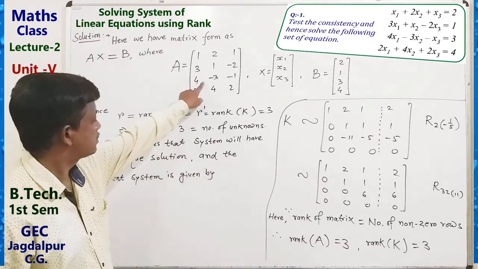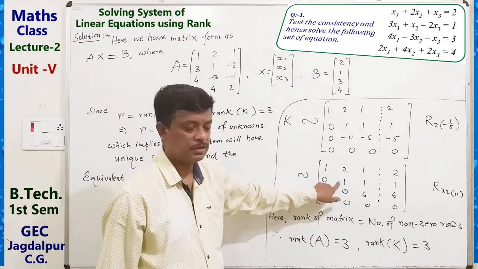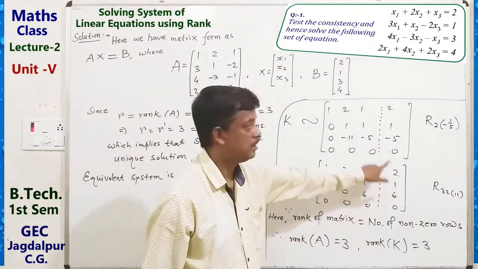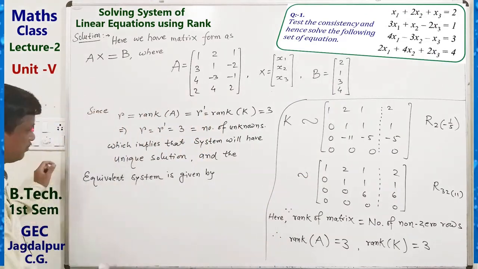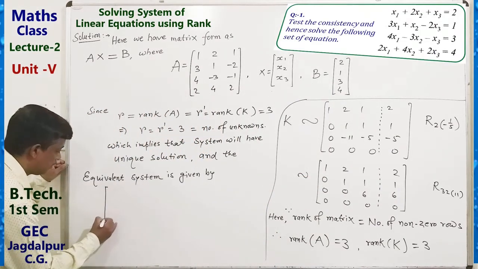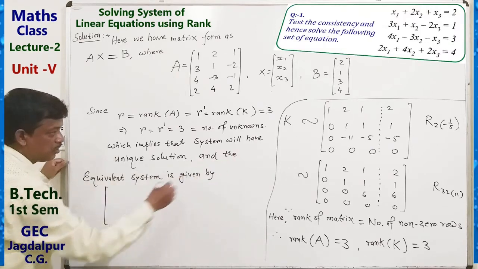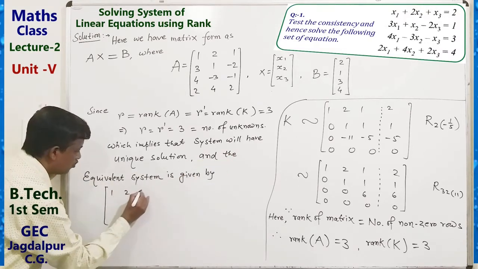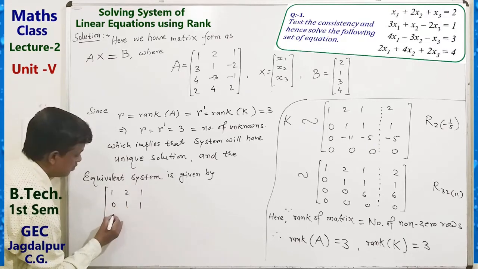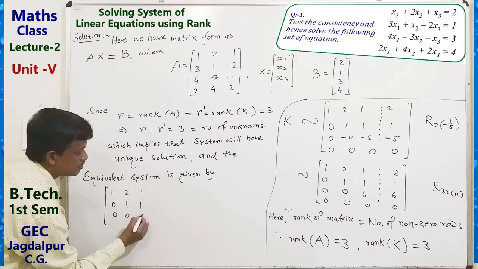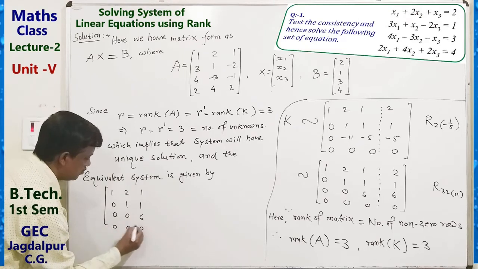Okay, this is converted to this, and this is the right hand side here. The equivalent system is given by what? First matrix 1 2 1, 2 1, 0 1 1, 0 0 6, 0 0 0.